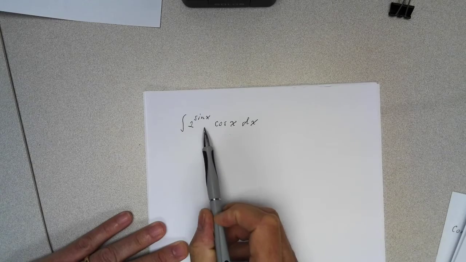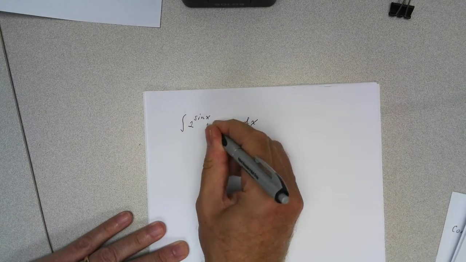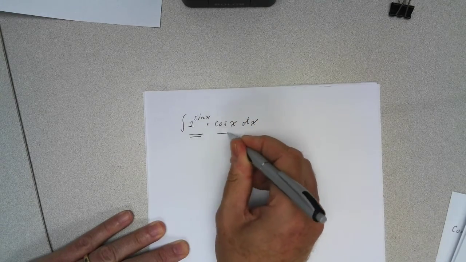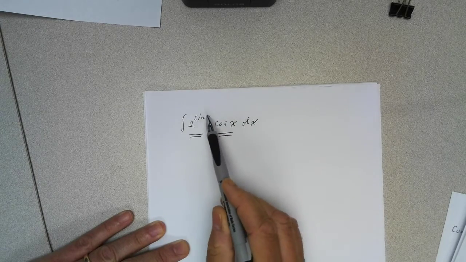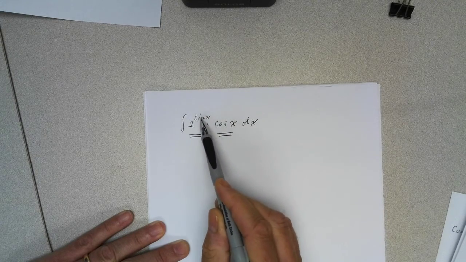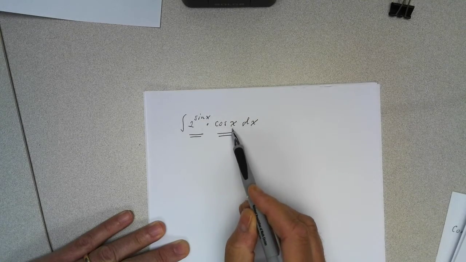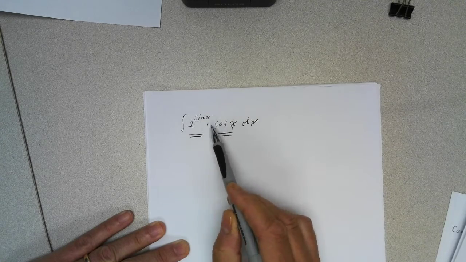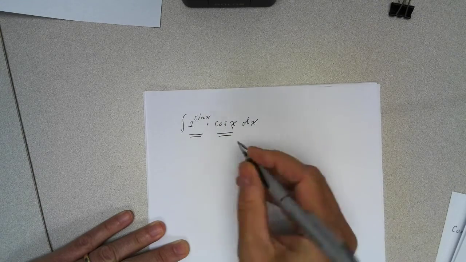Now again, we have the product of two functions, and we see in one of the functions an expression whose derivative appears in the second expression. So if we look at this first expression, we see appearing in it the sine of x, and its derivative is the cosine of x, which is appearing right here. So in this case, we let u be the sine of x.